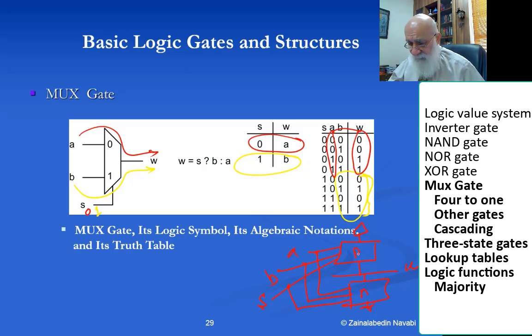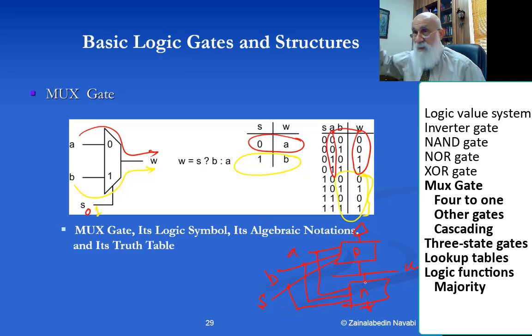The upper part is PMOS transistors, the lower part is NMOS transistors put in series and parallel transistors, and then eventually it builds the W output. In cases you also need inverters for some of the inputs, but this is generally the way we represent CMOS structures. And the same thing with XOR.